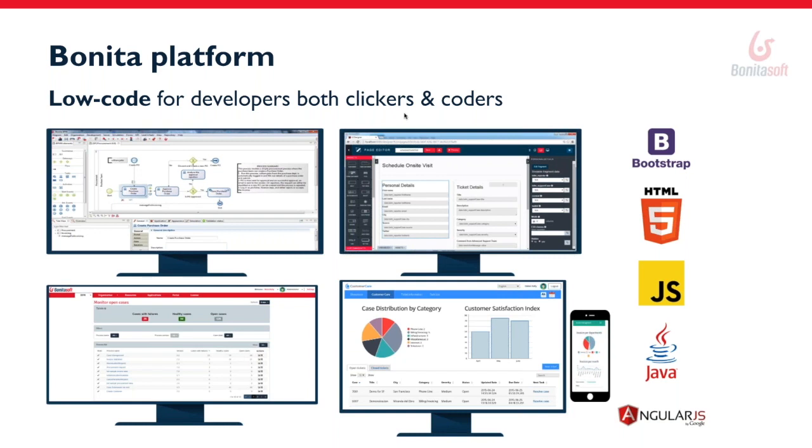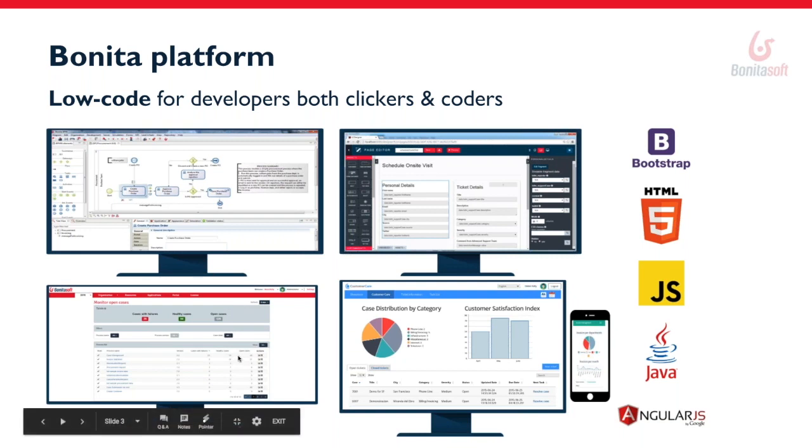Then, when you build an application from A to Z using the platform, you can deploy that application to the Bonita portal. The Bonita portal is a web-based application that requires an application server to run, such as Tomcat or WildFly.